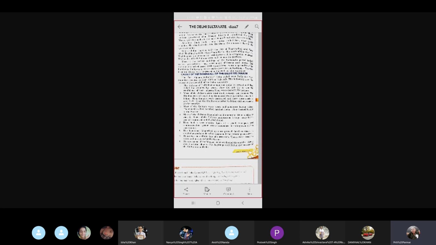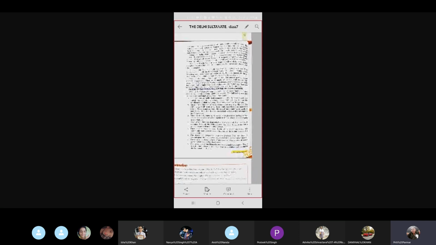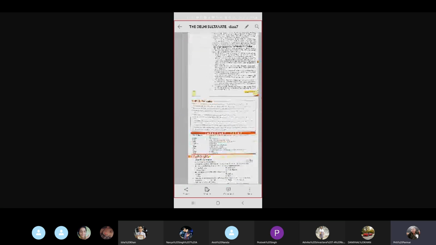There was an attack from Timur Lang, and then Babur was a Muslim ruler who came to India as an invader, and he settled down here, started the Mughal dynasty and ended the Sultanate of Delhi. So with the last ruler Ibrahim Lodi, in 1526, the first battle of Panipat was fought between Ibrahim Lodi and Babur, in which Babur was victorious, and he settled here as a king and then started the Mughal rule in India.